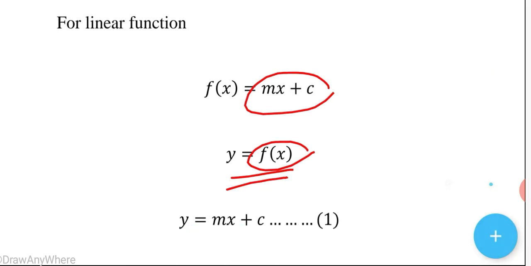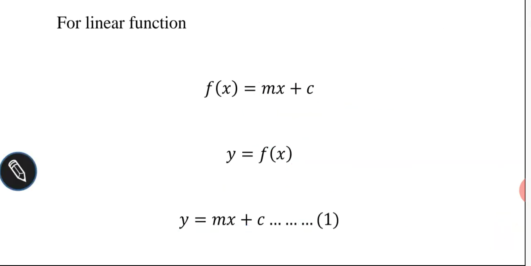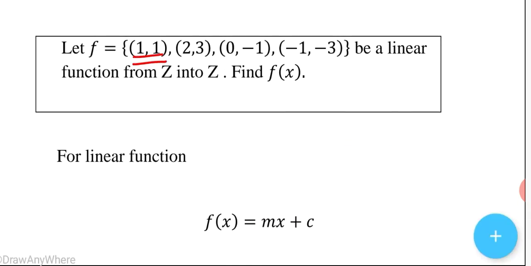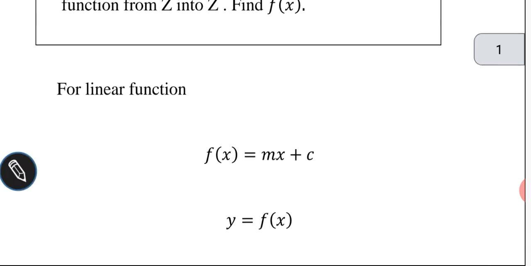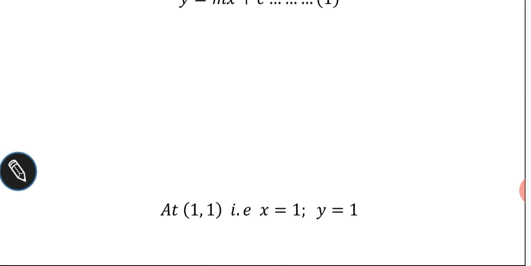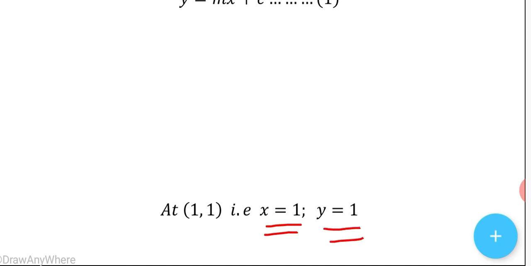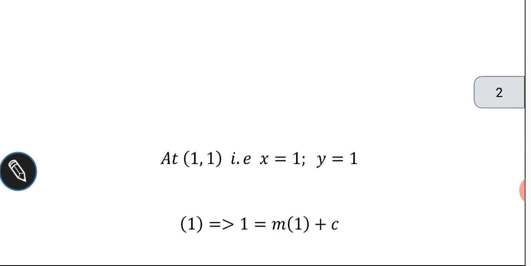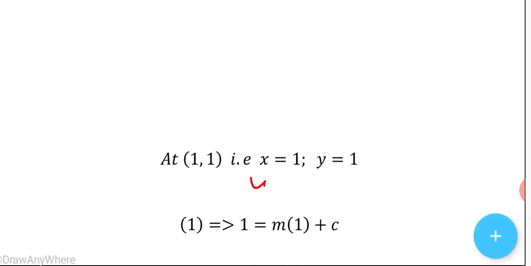Now take (1, 1). In Cartesian coordinates we have x equal to 1 and y equal to 1. Plug these values into equation number 1, y equal to mx plus c.